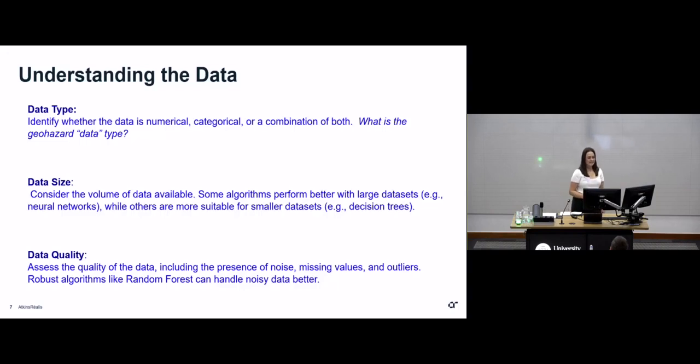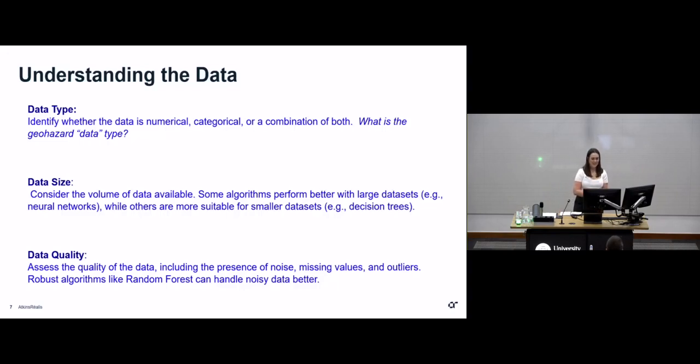Then data size: how much do you have? Machine learning algorithms need a lot of data, and some algorithms perform better with large data sets, like neural networks, whereas some can be used for smaller data sets, like decision trees. The rule of thumb tends to be 10 times as many samples as features. Next is data quality: assess the quality of the data.